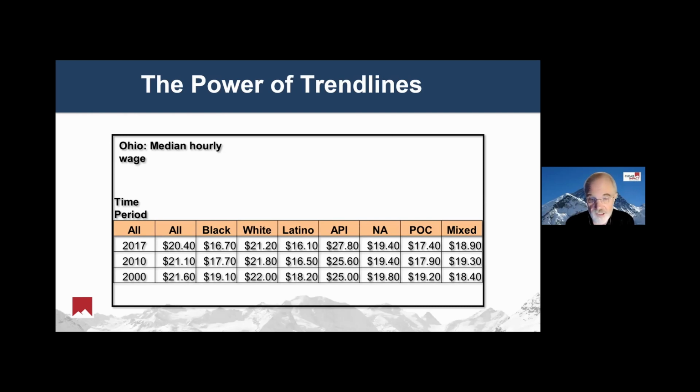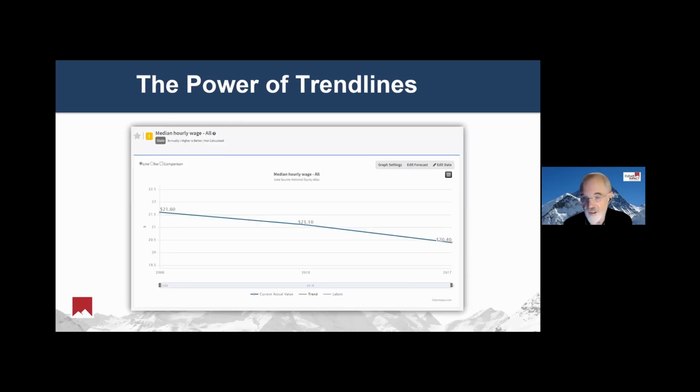What he really highlighted is the power of using trend line data, looking at the trends, because everyone can look at a trend like this. This is the median hourly wage for everyone in Ohio based on the PolicyLink Equity Atlas. This is real data from Ohio from 2000 to 2017, and the median hourly wage was actually going down.